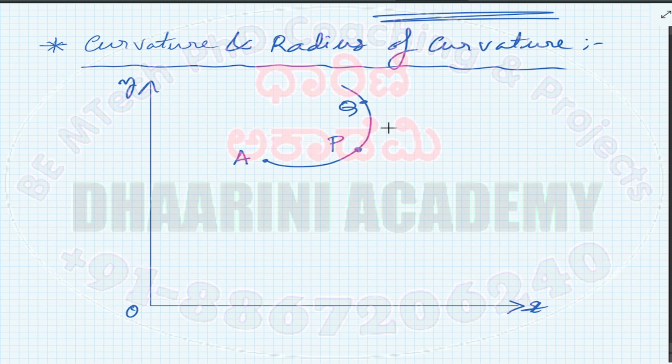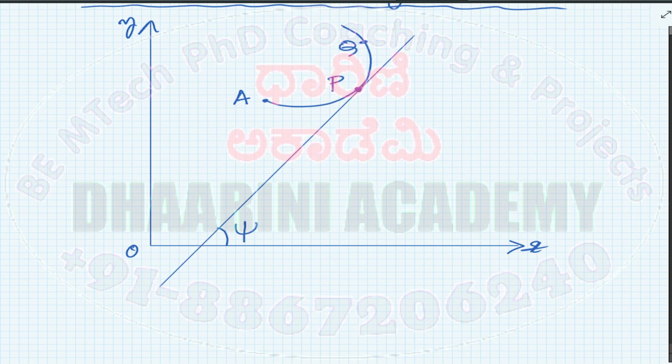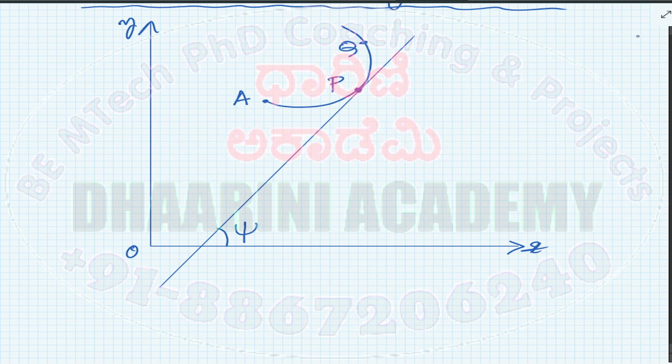Now if at all I try to draw a line that is the tangent to this curve at P, we know that the standard notation for the angle this tangent makes with the original x-axis is psi, right? This psi represents the angle made by the tangent with the x-axis.